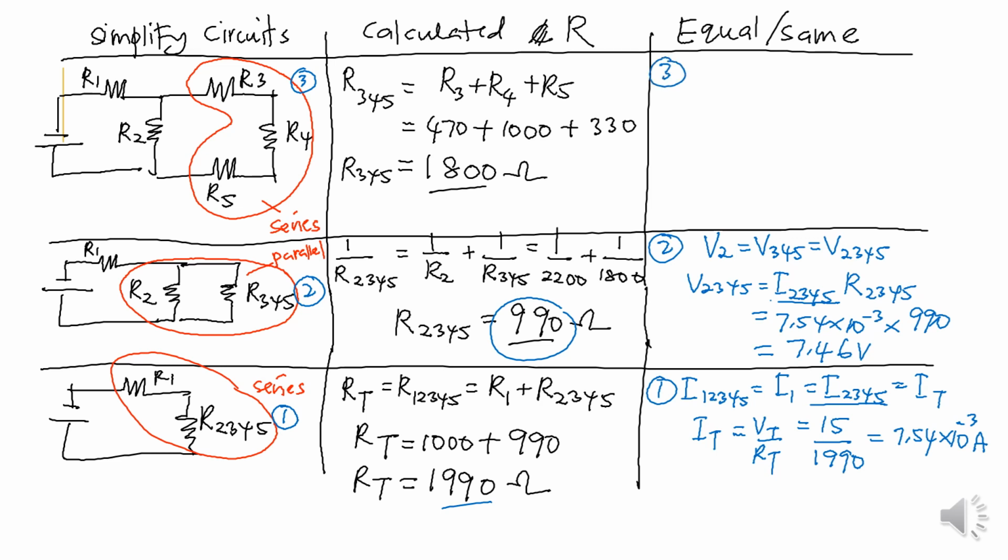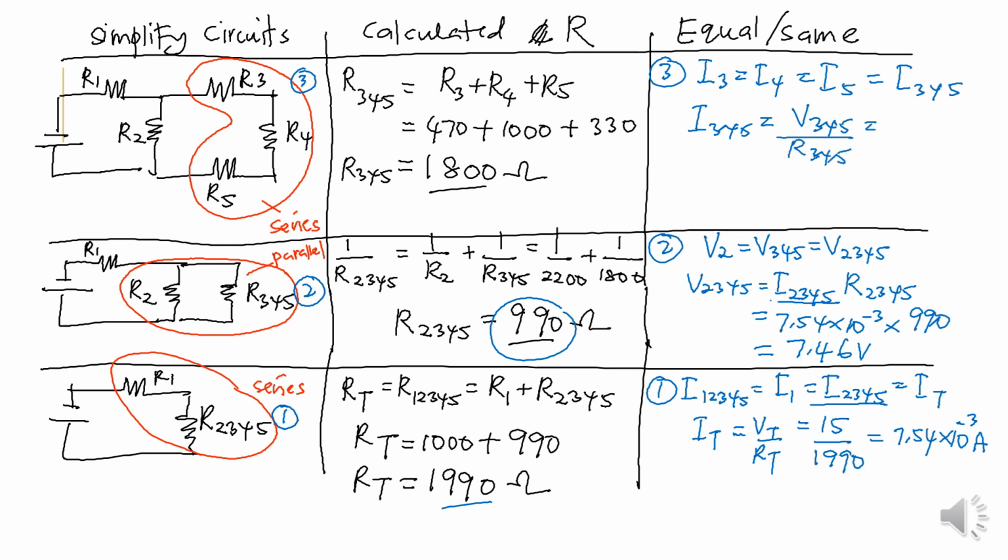Okay, selesai, kita naik lagi satu ke atas. Okay, so ini series. So bila series yang sama adalah I dia, I3, I4 and I5 ataupun I345. Kita cari I345 equal to V345 over dengan R345.